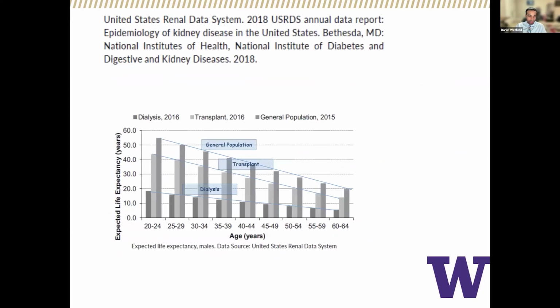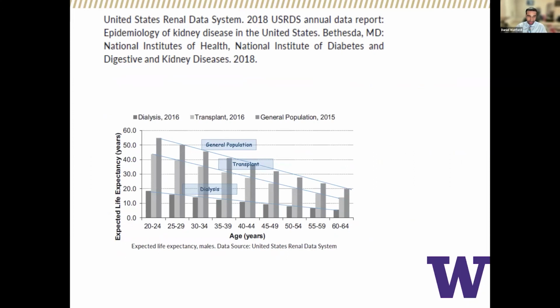So I want to bring your attention to this graphic. This is some USRDS data that was published in 2018. Looking at this figure here, this is looking at just males, but similar trends also apply to females. And I want to really just focus your attention on the transplant population versus dialysis.